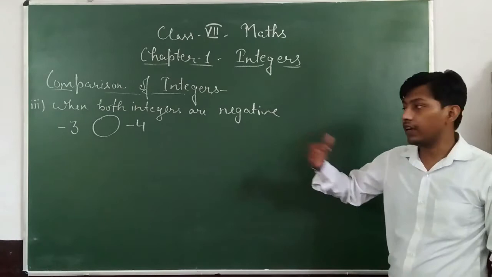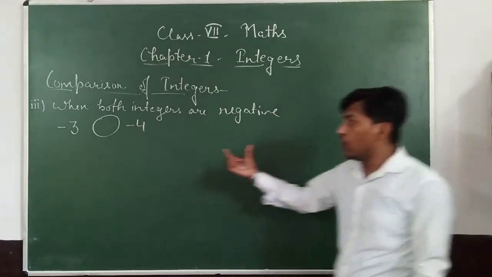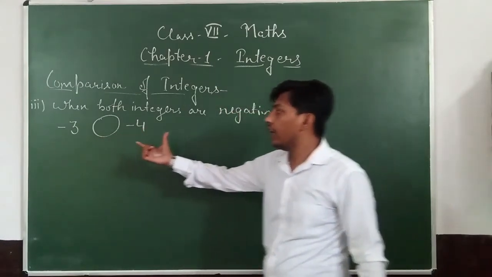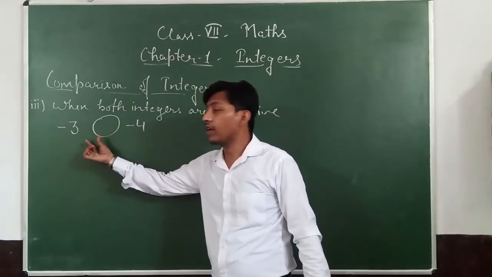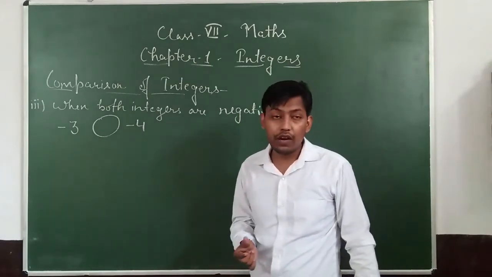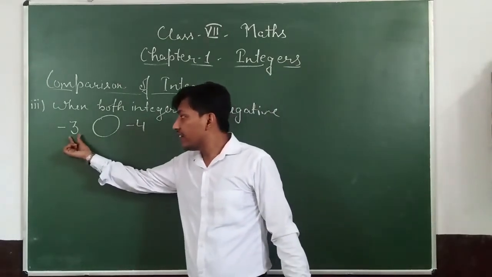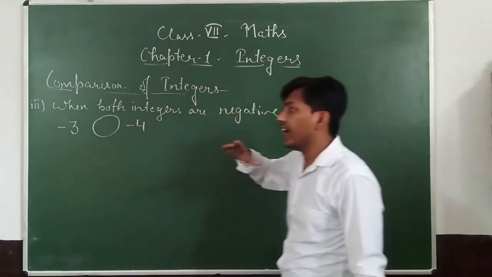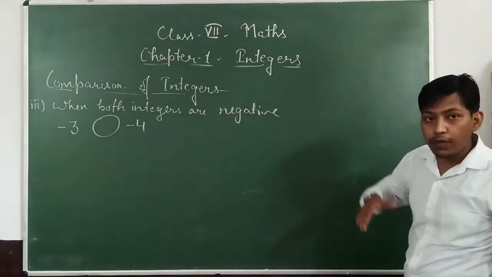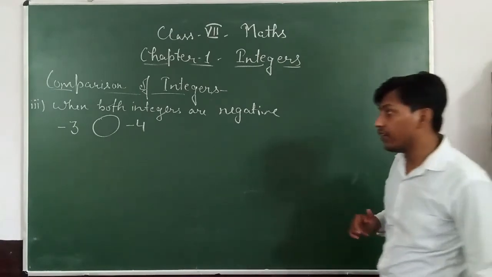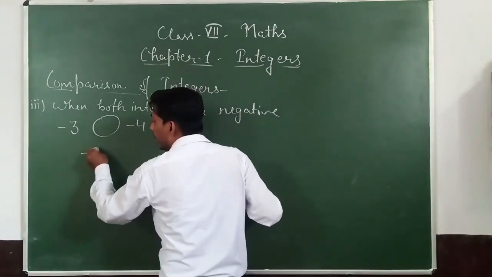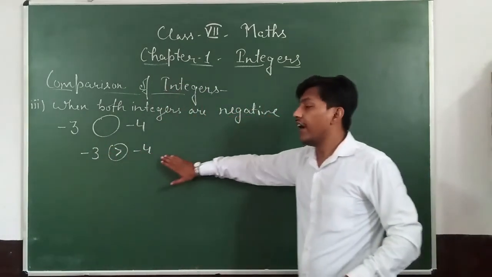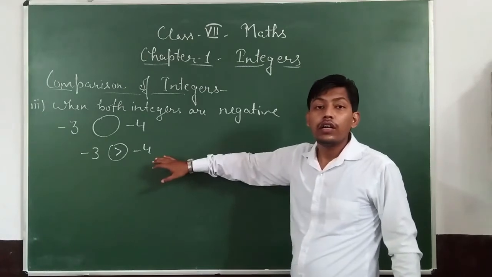Which one is greater? When both have a negative sign, to compare, we observe which number has the smaller numeral value. Here -3 has the smaller numeral value, it's 3. So the number which has a negative sign and a smaller numeral value will be the greater one. That means -3 is greater than -4.